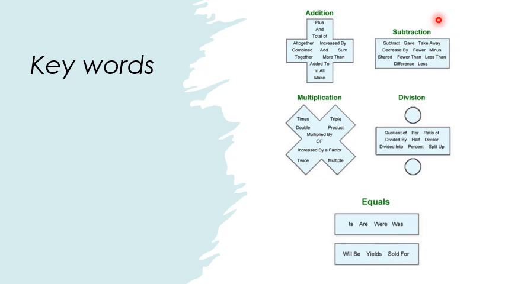Not is less than, that's different. Less than. All those are keywords that mean subtraction. Times, triple, double, product, multiplied by, twice. Those are keywords that mean multiplication. And then per, ratio of, divided by, half, divided into, etc. Those are keywords that mean division. For equals, "is" is a keyword, but there are some other words that you will see that also mean, hey, I have to put an equal sign for that.